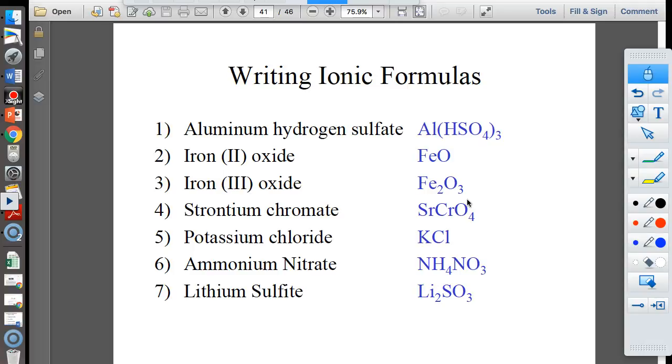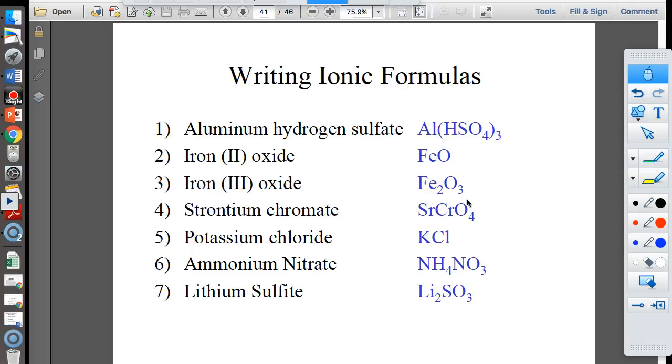The Roman numeral basically is just the charge on the iron. In number 2, the iron in the circle is 2+. But in number 3, it's going to be 3+. So it's just a charge. And iron is a d-block element, down here.